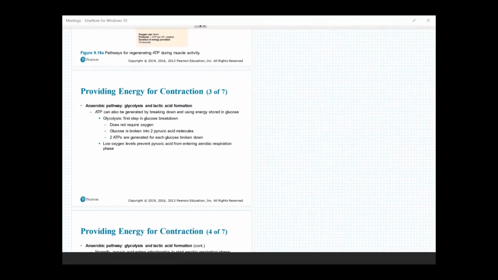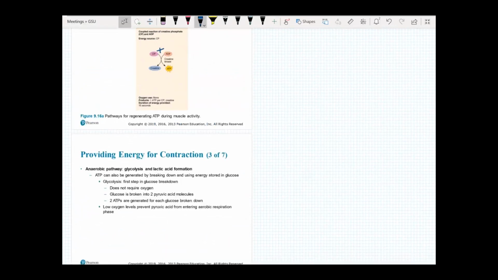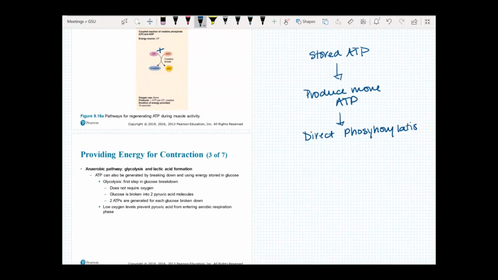If we are in this process, first we go through our stored ATP, there's not a lot of it, and then we produce more ATP. That's what we need to do. There's 2 ways we're going to do it. First, you're going to do direct phosphorylation. That's the process we just talked about. That only lasts for 15 seconds.